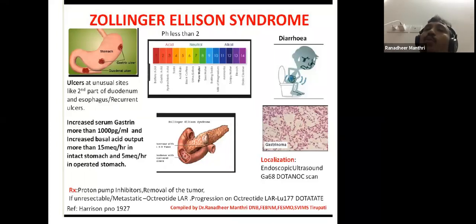Serum gastrin levels are more than 3000 picograms, and serum gastrin should be correlated with the acid level. If the pH is high, that could be because of atrophic gastritis, where gastrin levels can also be high. So to differentiate, if gastrin is high and pH is less than 2, then it could be because of a gastrin-secreting tumor. These express somatostatin receptors, and this is what we are imaging, one hallmark. Next slide, please.